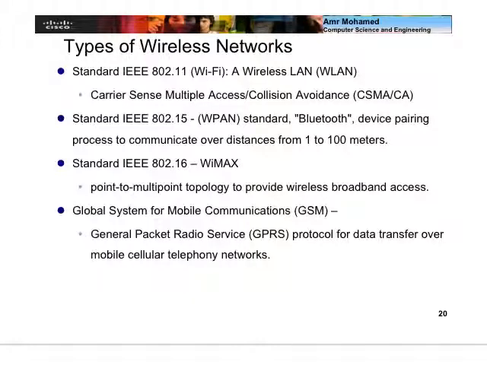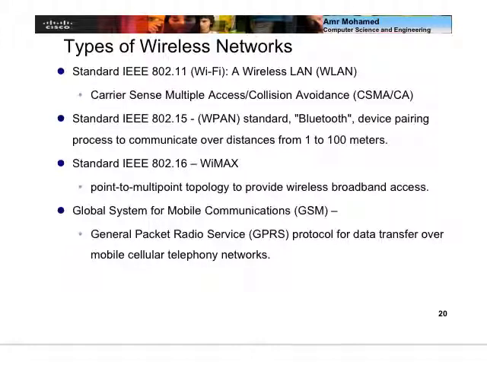So there are so many types of wireless. This is not by any chance an exhaustive list. You have many standards in wireless. Most of them are designed or coordinated by IEEE.